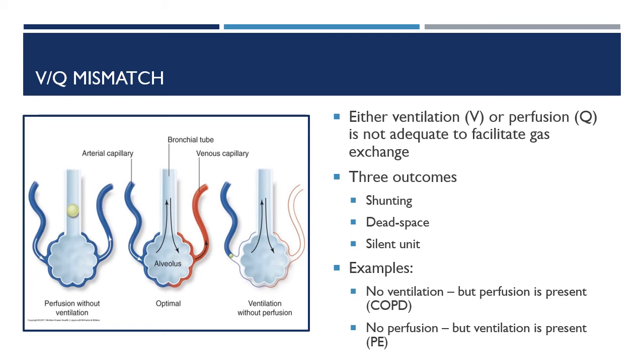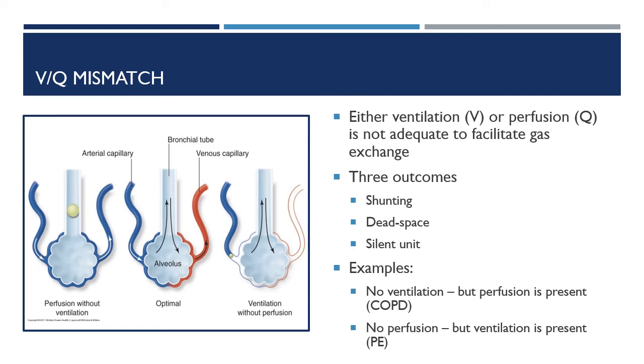What are the outcomes of a VQ mismatch? There's a term called shunting, and we'll get to that. There's another term called dead space, and there's a term called a silent unit. Shunting usually means that there's blood flow going to an area, but the area isn't receiving any oxygen.